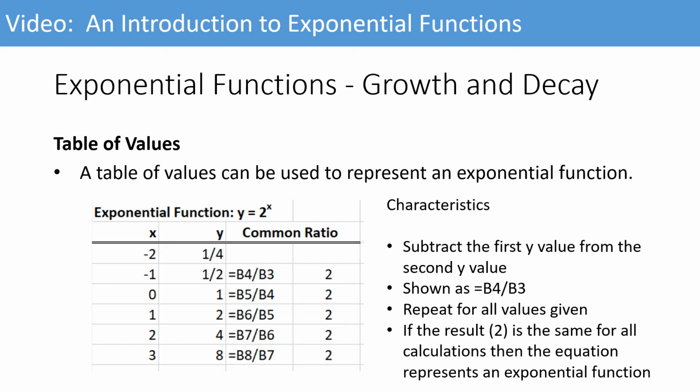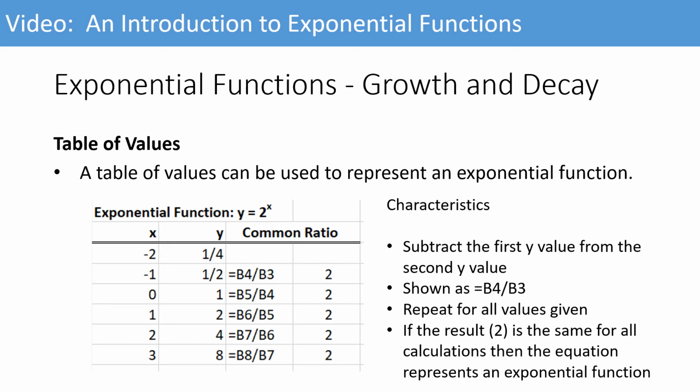So in the third column, called C, I want you to type equals B4 divided by B3, and you should get the answer 2. And then in the next row down, which will be row 5, you're going to type B5 divided by B4.